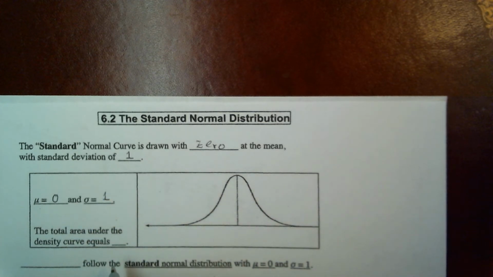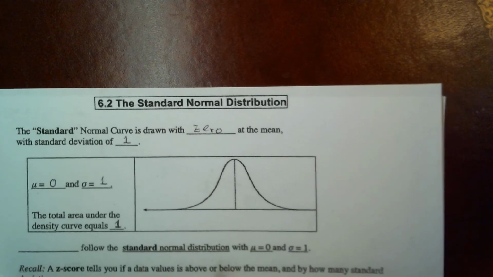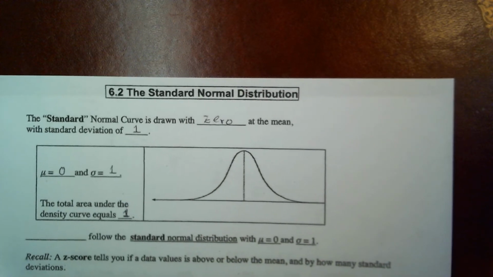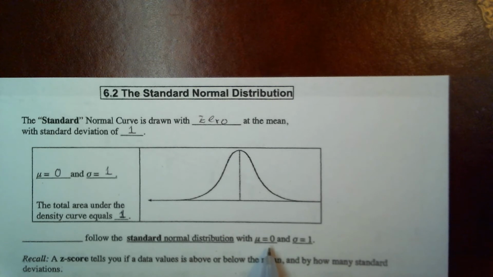And of course, the total area under the density curve equals 1. Now we talked about z-scores a while ago, but z-scores follow the standard normal distribution with a mean of 0 and a standard deviation of 1.